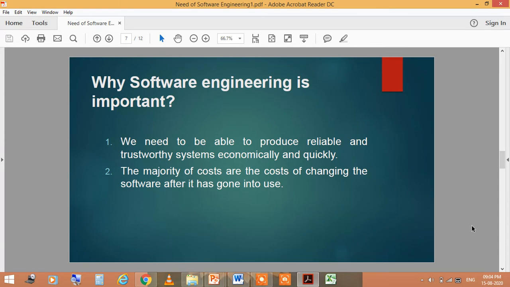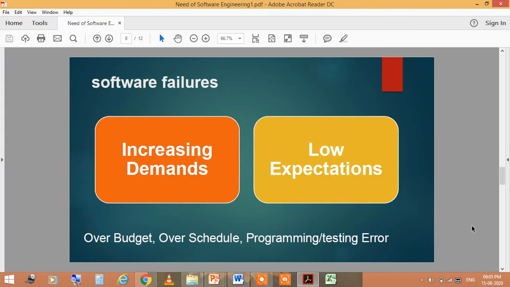The second is that the majority of cost is the cost of changing the software after it has gone into use. Now come to software failures. There are two aspects: first, the increasing demand, and second, the low expectations.